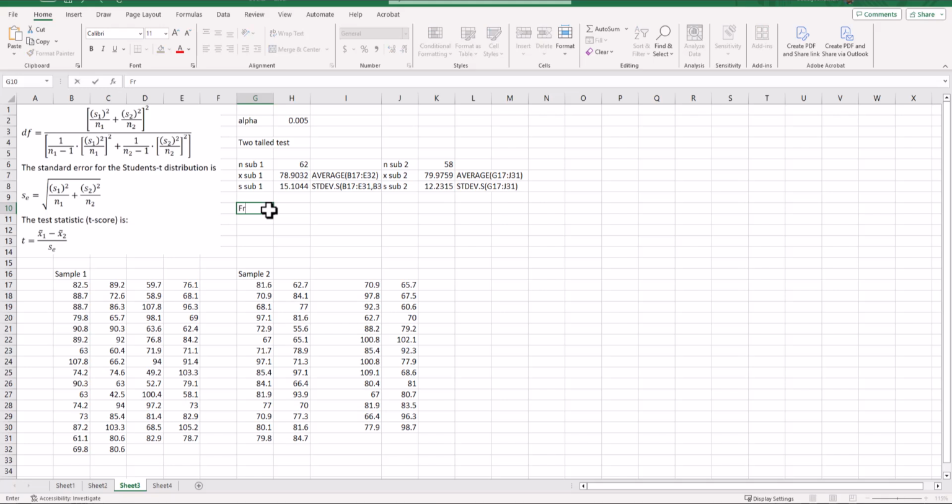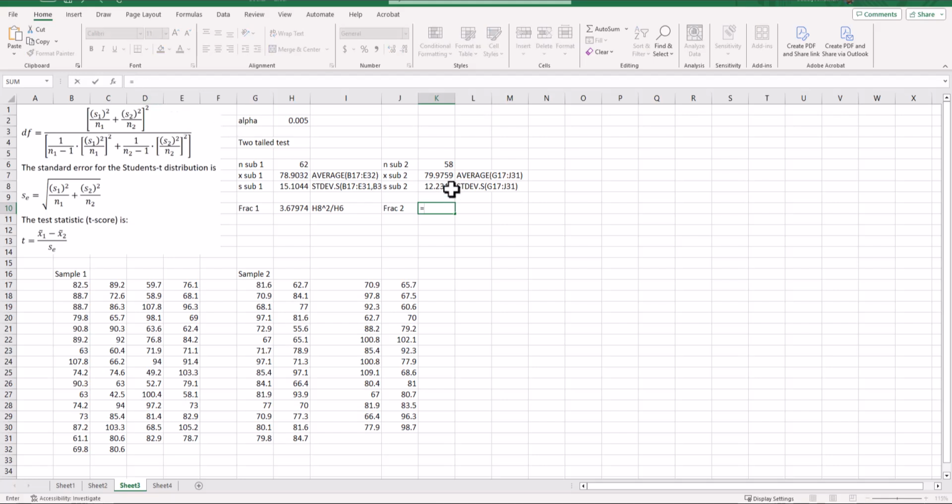So I'm going to find my fraction for the first group. I feel like I did that last time. And again, it's our sample standard deviation squared over our sample size. That's this right here, s sub 1 squared over n sub 1. And I'm going to do the same thing for fraction 2 over here.